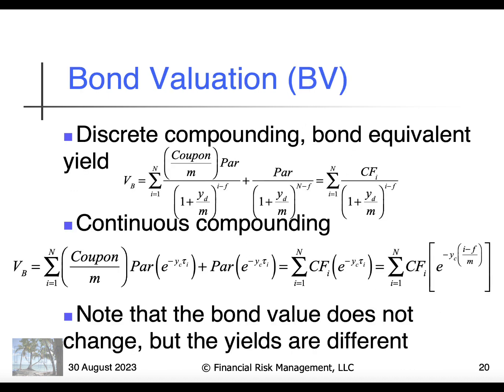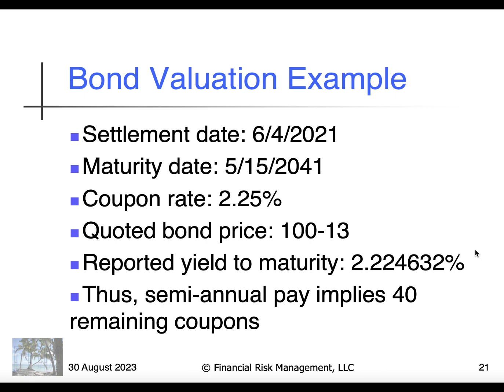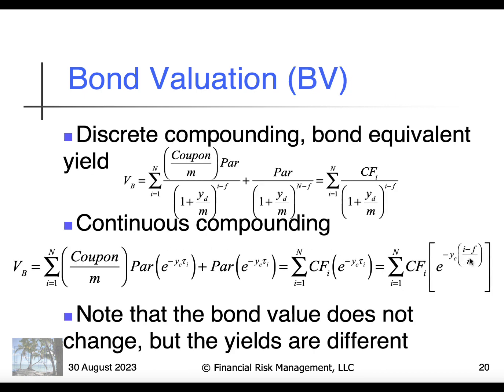For discrete compounding, the bond equivalent yield is calculated exactly like we were looking at before. If we let CF sub i be the cash flow, we can make this a little simpler. Notice if I use continuous compounding, I have e to the minus y_c times the fraction of the year that has elapsed. Notice that tau sub i is the counter i minus f, which is the fraction of the year that has elapsed already.